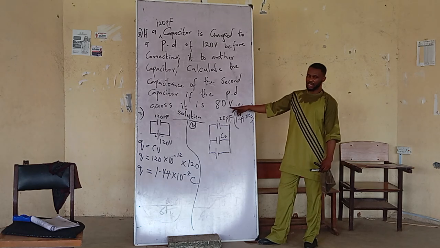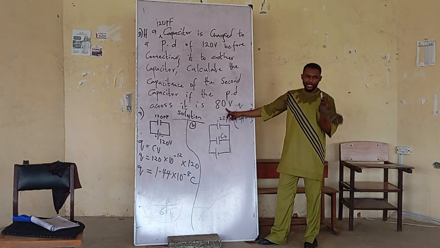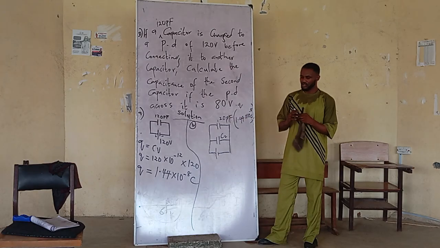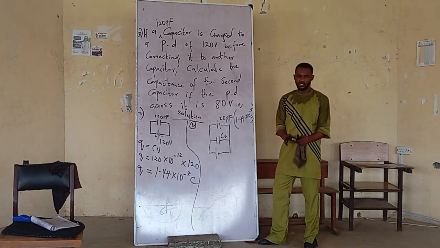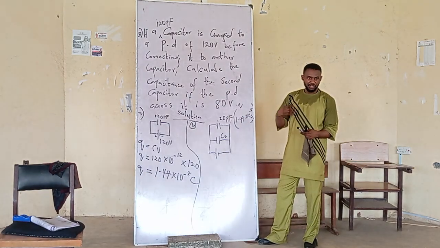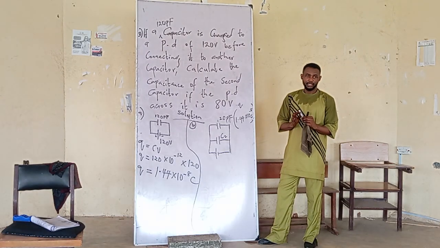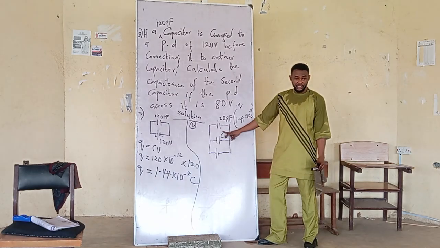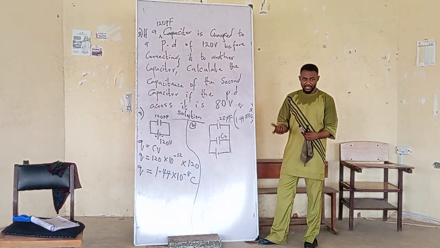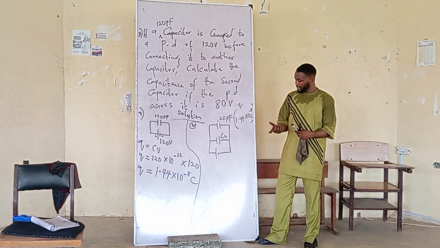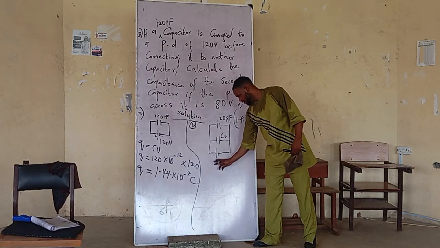If you say it's in the second capacitor they said 80 V, I don't disagree with you. But what I want to ask is, where is the second capacitor connected? It's connected to the first capacitor. So if that is the case, I am having 80 volts.